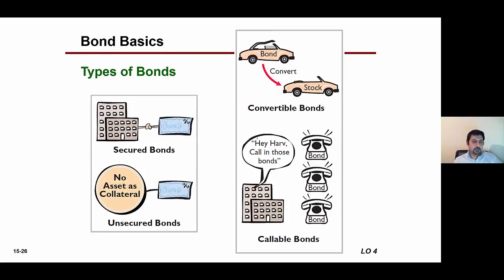So this is basically the same thing. We have here secured bonds versus unsecured bonds, where you have no assets as collateral. Here, for example, you have a building or some kind of an asset. You have convertible bonds. We have also callable bonds.